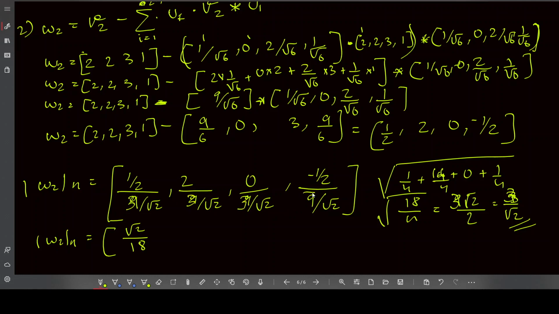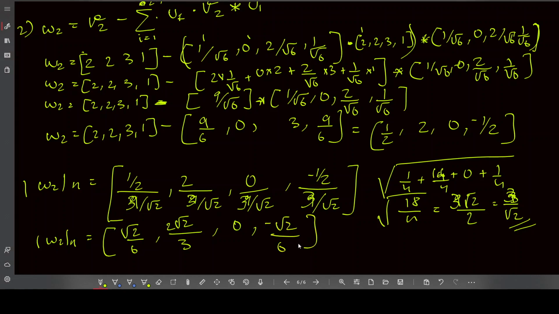Okay, that's 3 by under root 2, and yeah, so when you do that, you basically get the normalized value of W2 as under root 2 by 6, comma 2 under root 2 by 3, comma 0, comma minus under root 2 by 6.